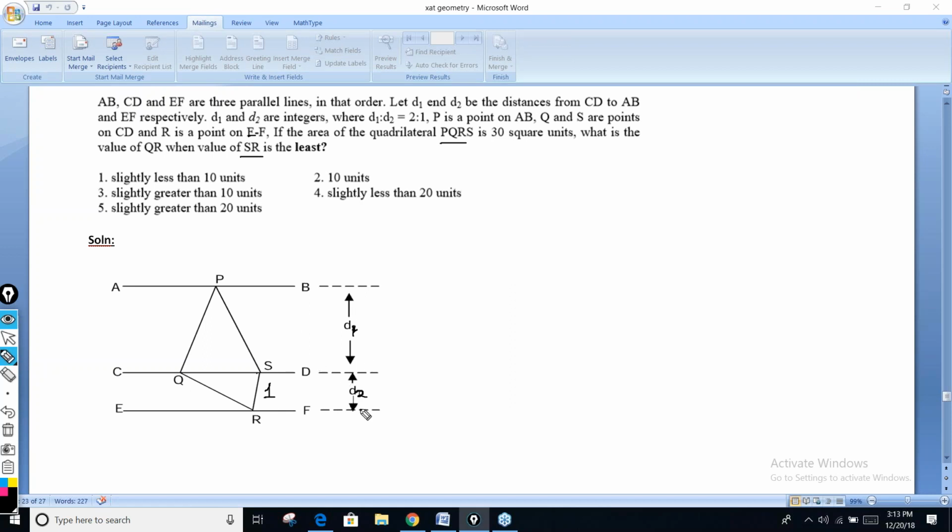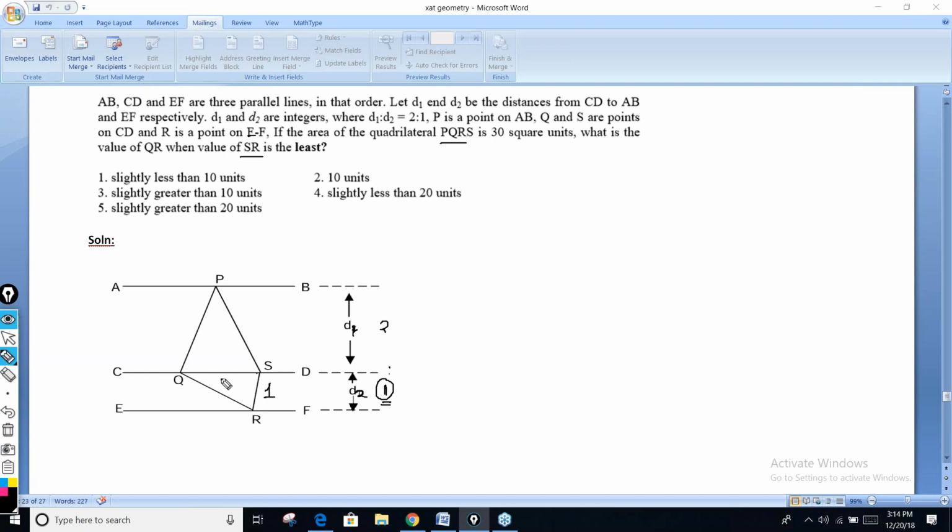If D1 and D2 are integers and this is the least, obviously the ratio is 2 is to 1. What is the least value D2 can take? D2 is basically the distance. If we need to take it minimum, I can take it as the perpendicular distance. That can be only one.